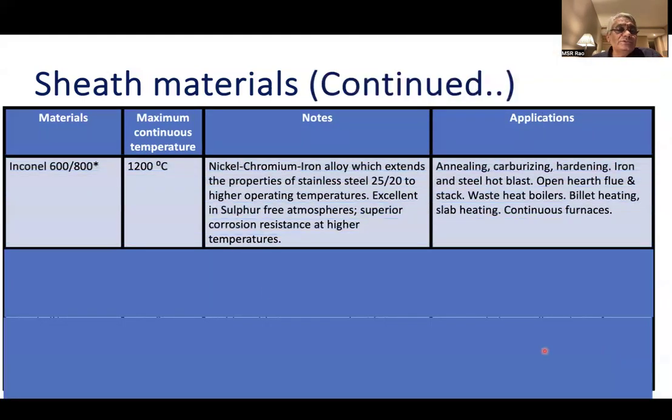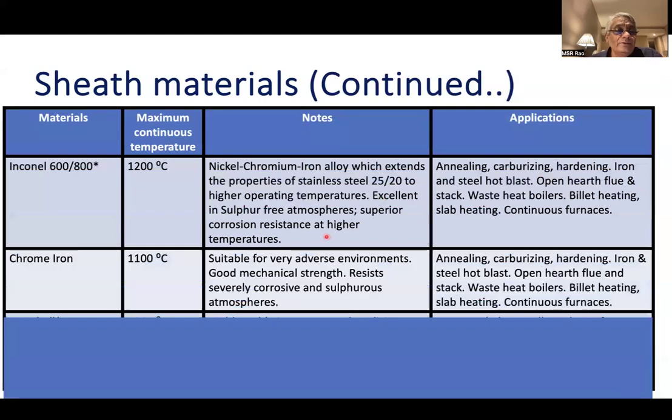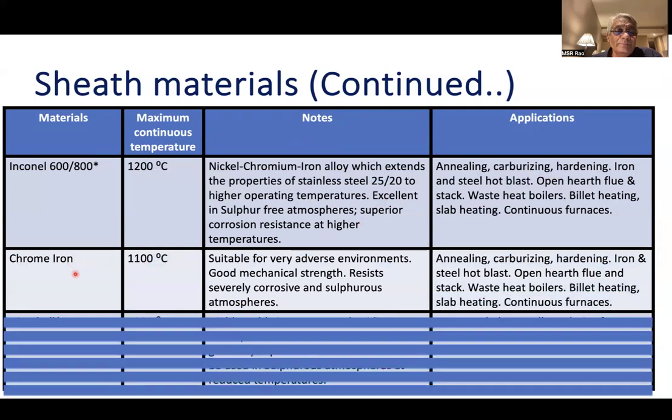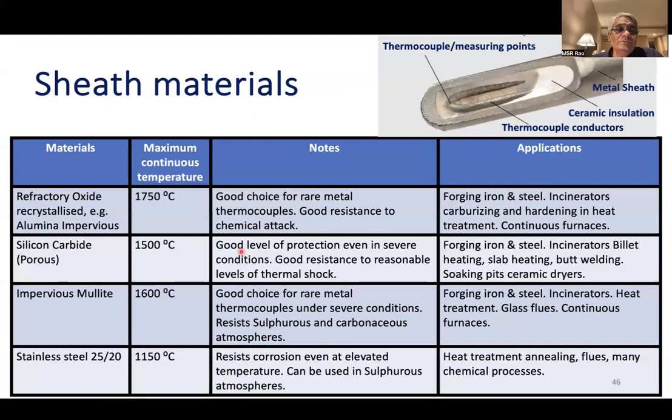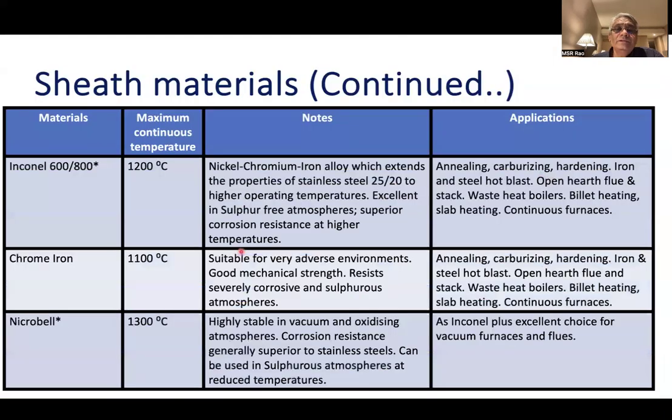If you continue this, you have Inconel, and corresponding data is given there. You have chrome iron, and you have nichrobel. All these are very common sheet metal materials used for various maximum continuous temperature ranges and various applications.